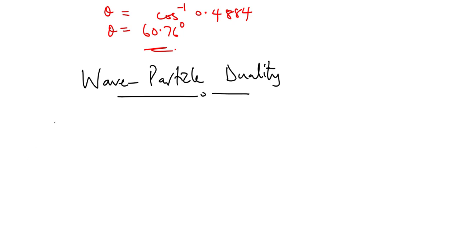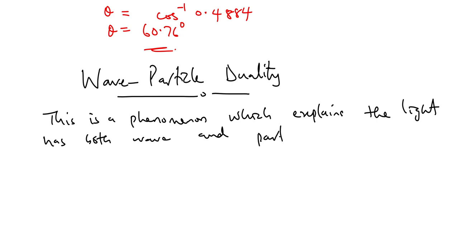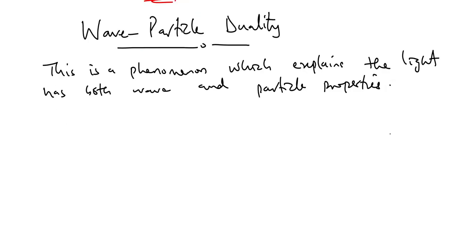This is a phenomenon which explains that light has both wave and particle properties. If we know that light has wave properties, it can undergo reflection, refraction, diffraction, interference, and so on.